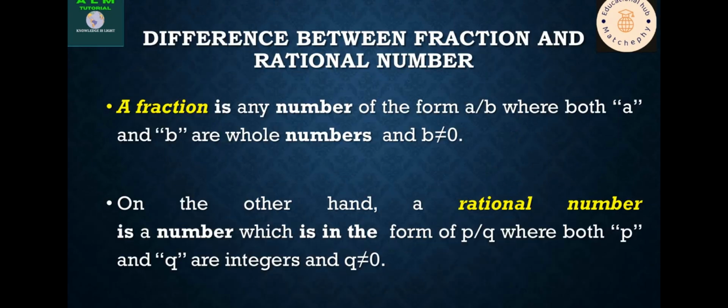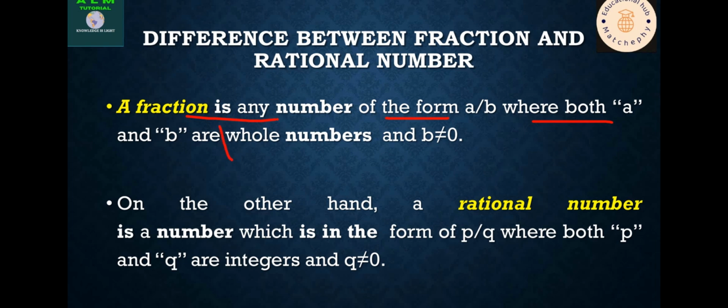Now children, can anybody in the class tell me what is the difference between a fraction and a rational number? Both a fraction and a rational number have a numerator and a denominator, but is there any difference between them? A fraction is any number of the form a by b where both a and b are whole numbers.